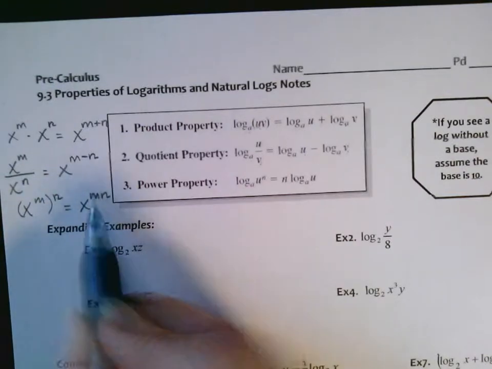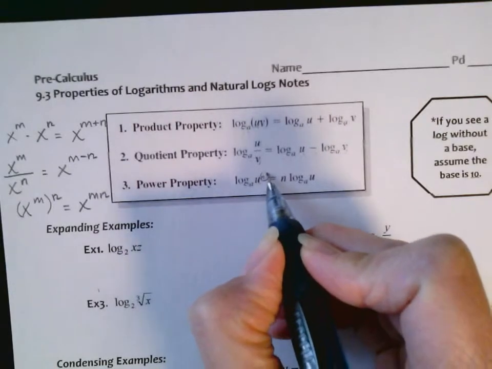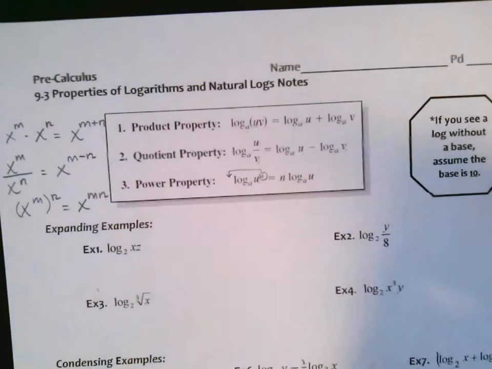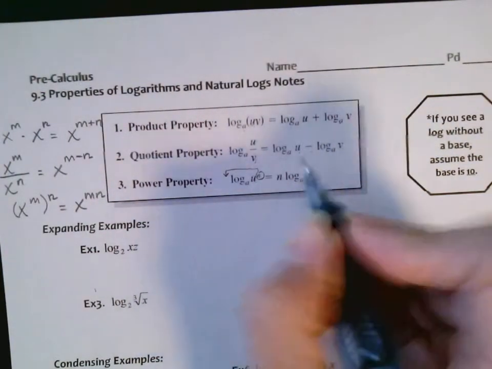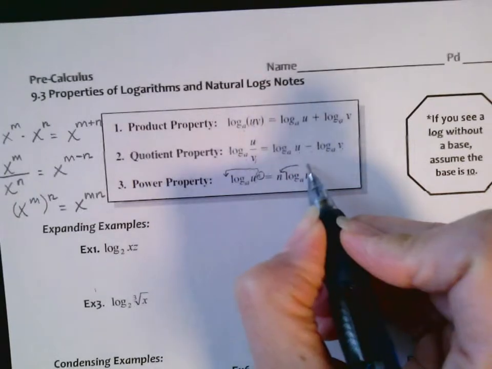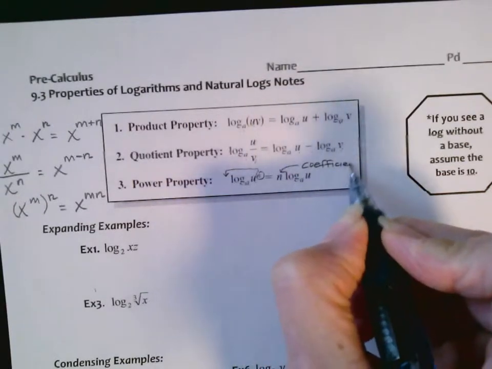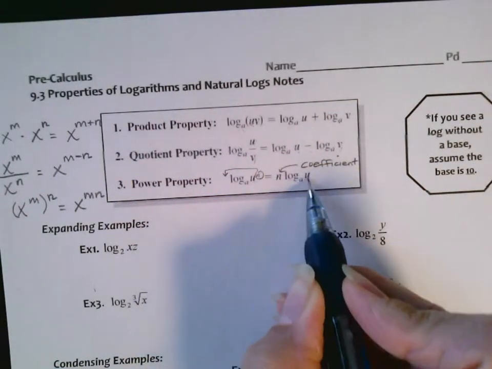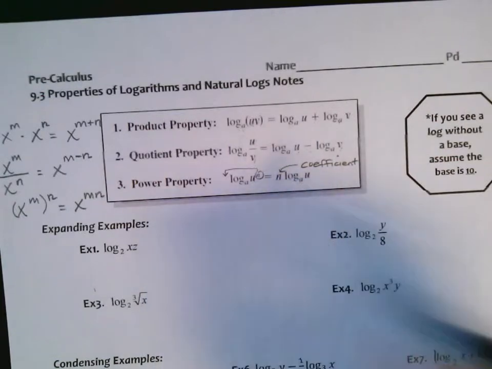So they're taking the exponent that u is raised to, and they're making the exponent become a coefficient. Notice how it becomes a coefficient here. It moves from being in a power, and it becomes a coefficient, and n is next to log base a of u, which is algebra for multiplication when they're side by side.